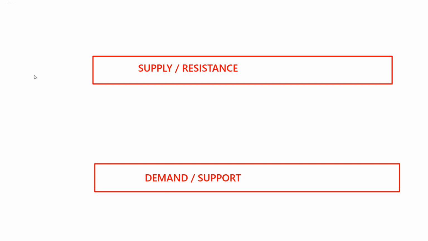Now, when we are talking about this supply resistance or demand support, I would suggest that you define it from the higher time frame. For example, if you are trying to execute from the 15-minute chart, then you probably want to see the supply resistance, demand support at 1 hour, or maybe 4 hour, 2 hour.